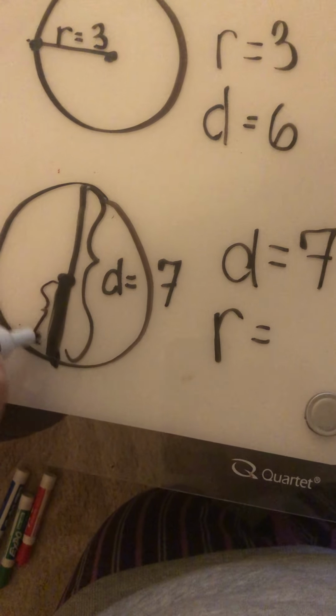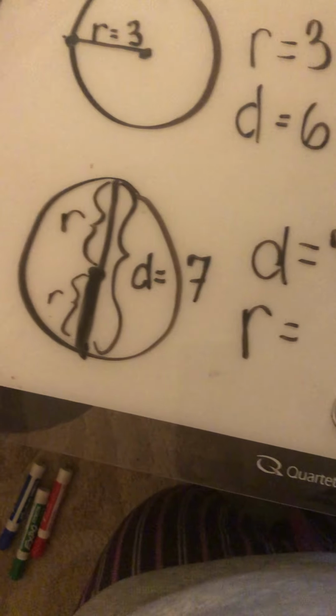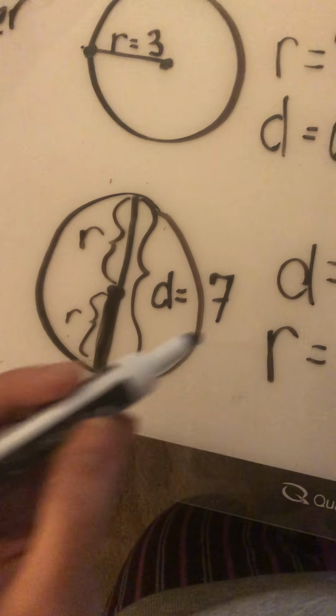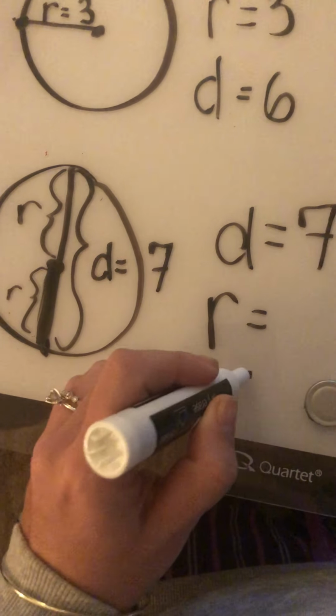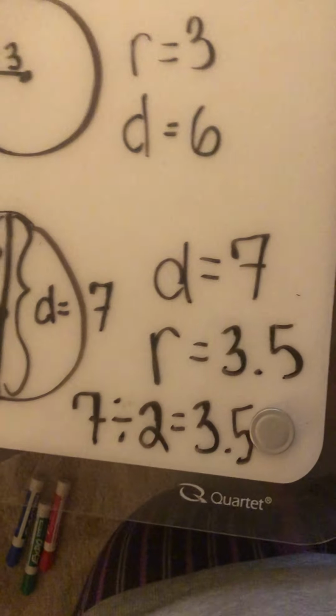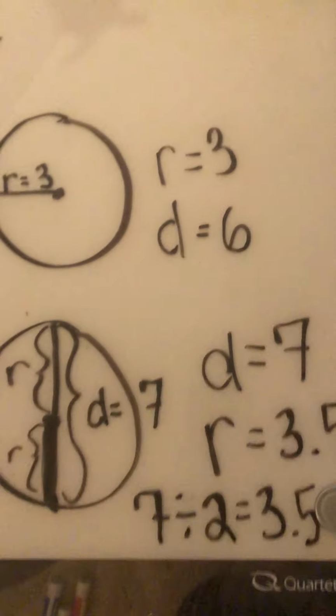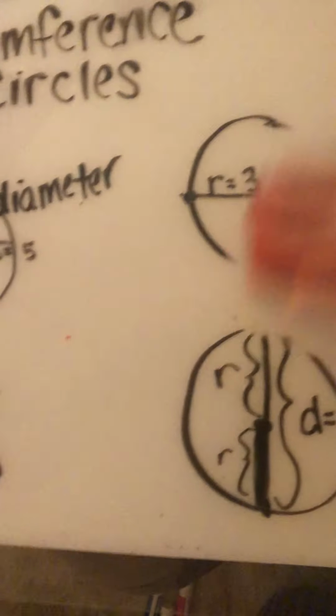So this section here is a radius and this section here is a radius. So I would do 7 divided by 2. And 7 divided by 2 will give us 3.5. So our radius would be 3.5. Okay, so that's just the general understanding of looking at a circle.